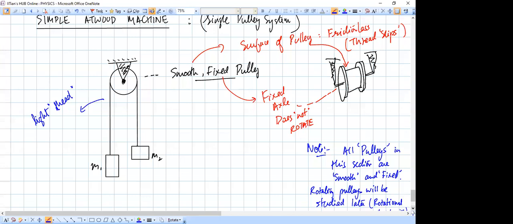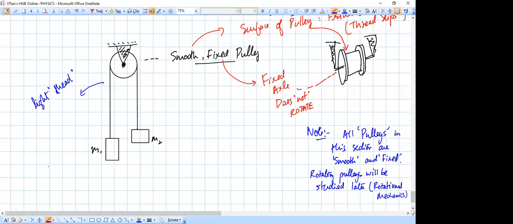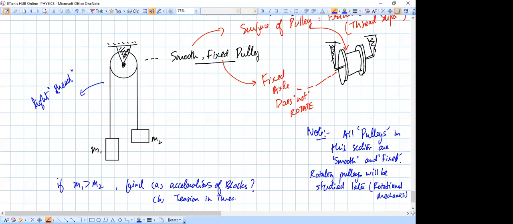Okay. Now in the given problem, suppose m1 is greater than m2, then find the accelerations of the blocks and the tension in the thread.